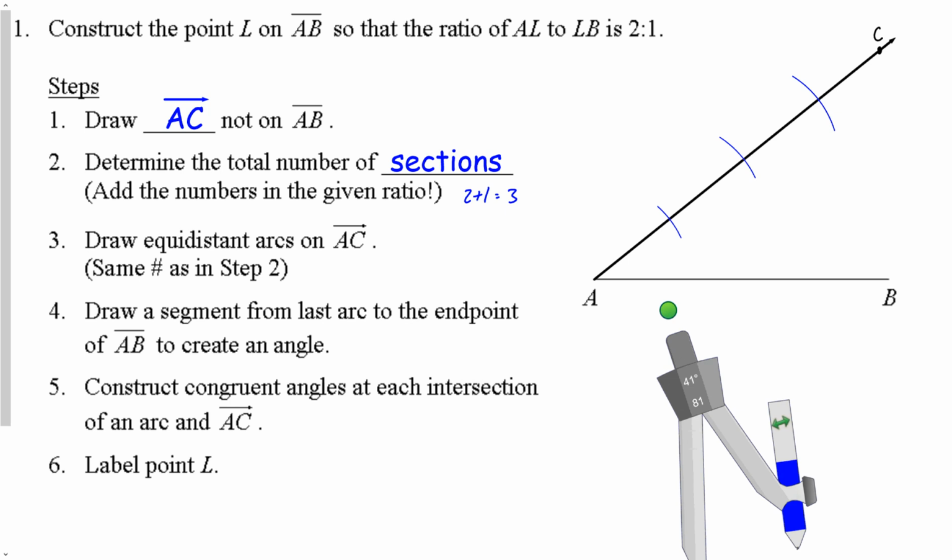Step 4 says draw a segment from the last arc to the endpoint of AB. This is just taking your straight edge and drawing a segment from that last arc to the other endpoint of your original segment.